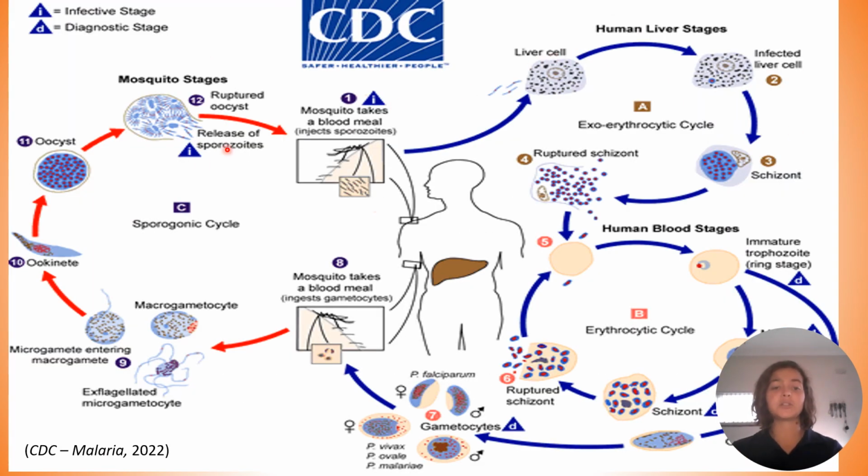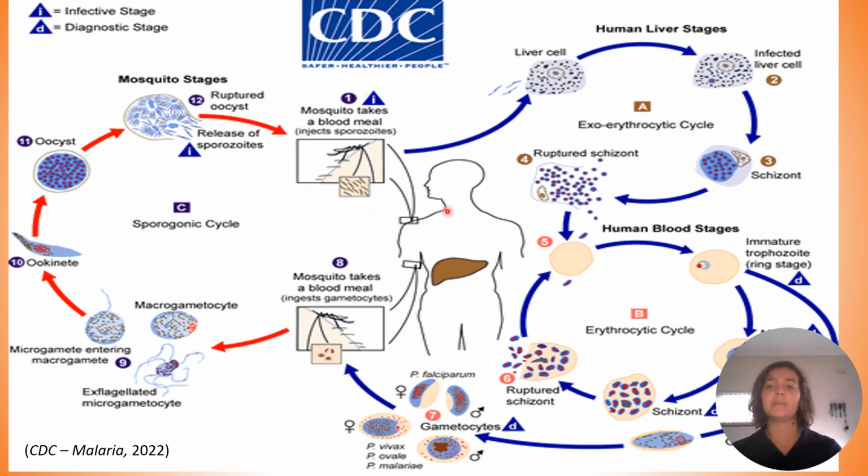This picture demonstrates the life cycle of malaria. So the malaria parasites undergo development in both an invertebrate vector, which is the mosquito, and a vertebrate host, which is the human. When a malaria-infected mosquito takes a blood meal, it injects saliva along with sporozoites into the human.